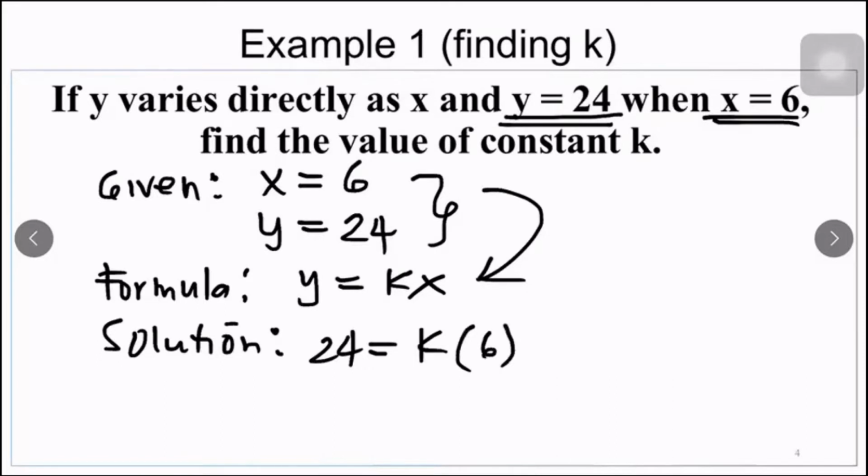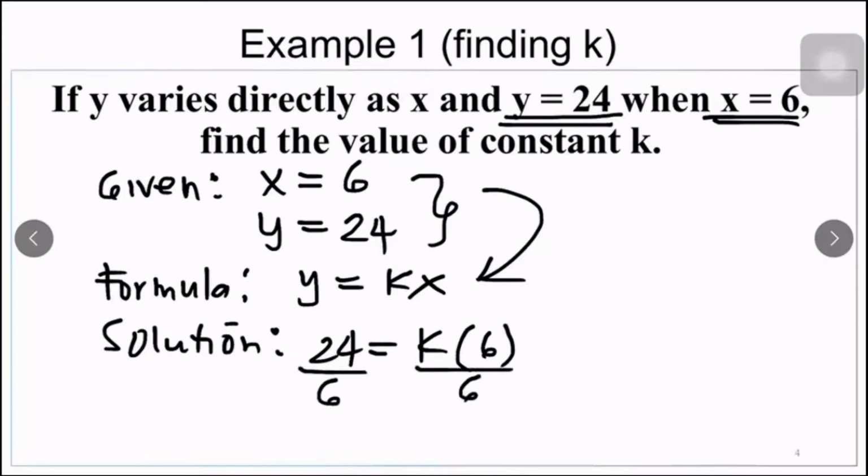Since our task is to identify k, we need to remove all of the values beside k. Particularly, in our solution we have the number 6. Therefore, we remove 6 by dividing both sides by 6.